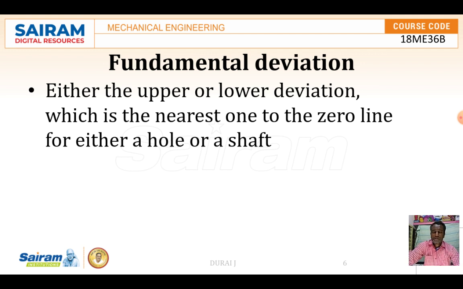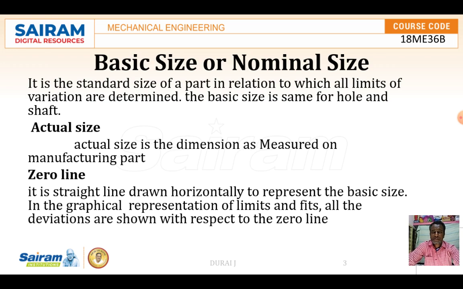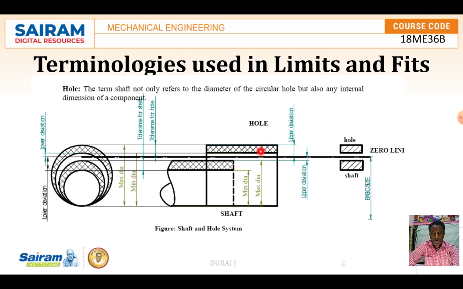Already we discussed in the previous PPT that whichever deviation comes nearer to the basic size is called fundamental deviation. So here you can check in this diagram. This is the hole system. Lower deviation comes nearer to the basic size, so this acts as the fundamental deviation for the hole system. Then comes the shaft upper deviation. Upper deviation comes nearer to the basic size, so this acts as the fundamental deviation for the shaft. So it depends on whichever deviation comes nearer to the basic size, that is called fundamental deviation.